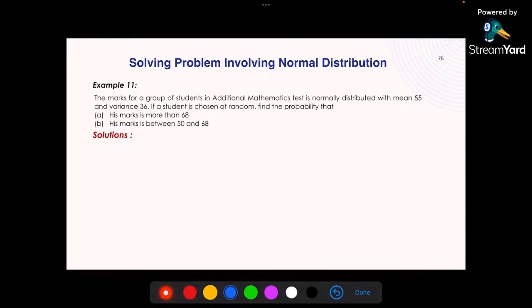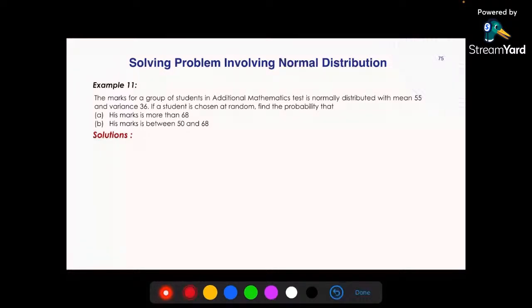Next one adalah solving problem. Sekarang kita nak tengok solving problem. Okay, it's quite easy ni. Okay, the marks for a group of students in additional mathematics is normally distributed with mean. Okay kan, remember bila kita baca ni kita kena, you have to highlight it.